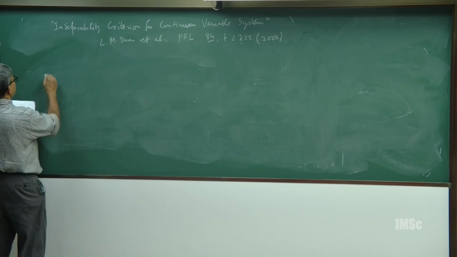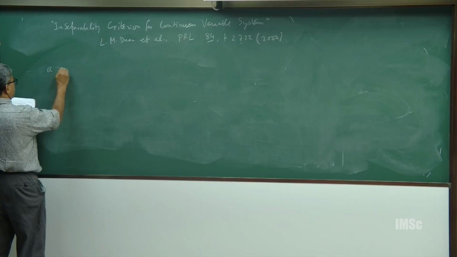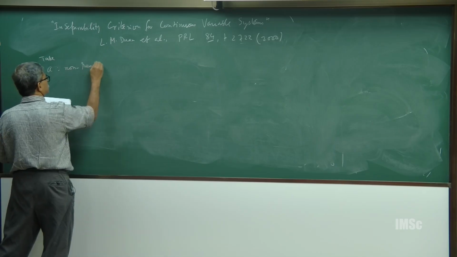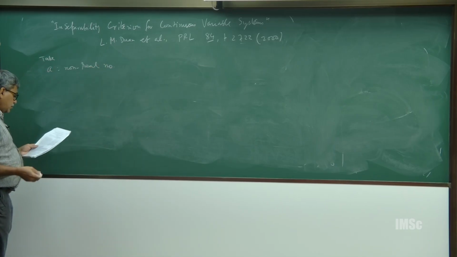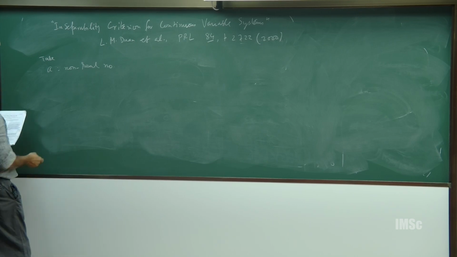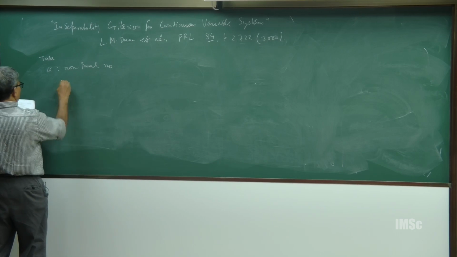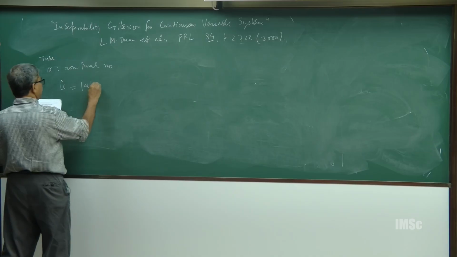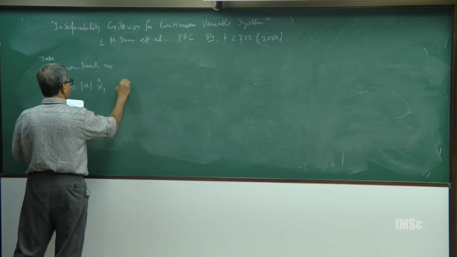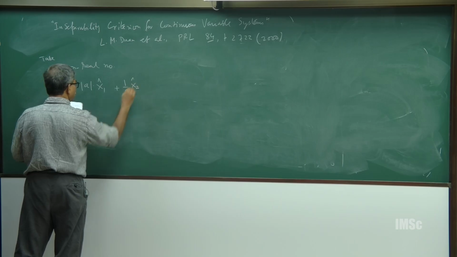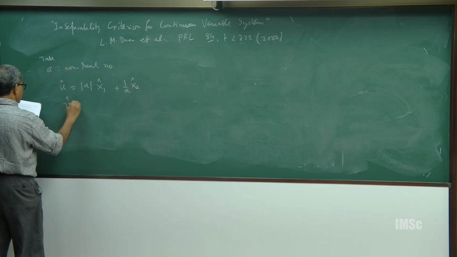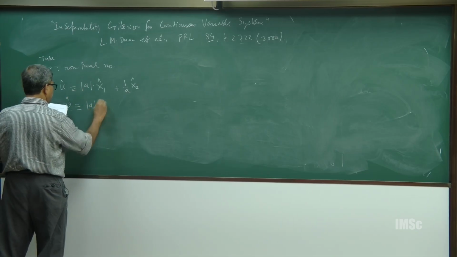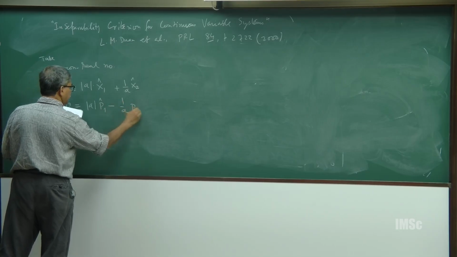You take a to be a non-zero real number, and then you define an observable u, which is magnitude of a times x 1 plus 1 by a times x 2, and then v is equal to, so this is your definition, magnitude of a times p 1 minus 1 by a times p 2.